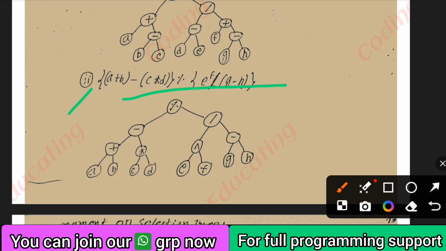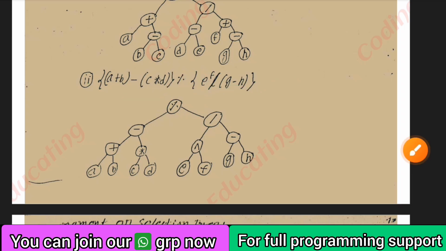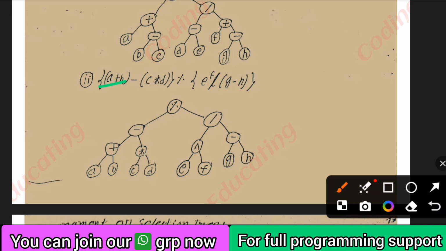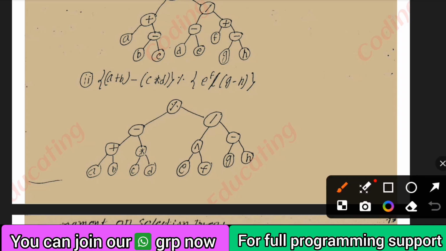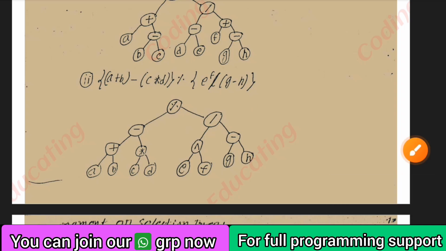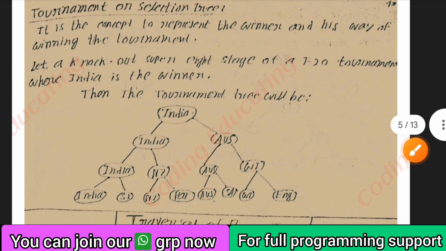You divide this into 2 parts, and the divide or modular function you write in the root node, and all operands you write in leaf nodes, and the remaining operators are written in non-leaf nodes.